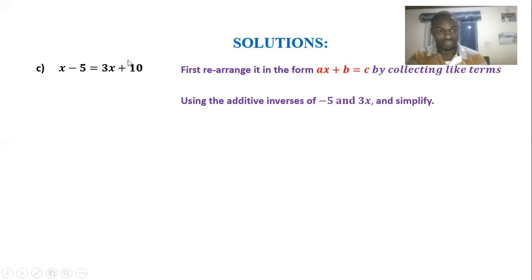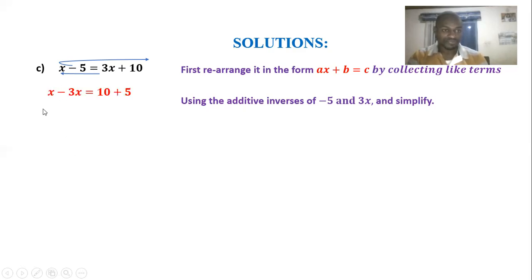These arrows will indicate the row. You see, negative 5 goes here and 3x will move over, meaning that when you add the additive inverse of 3x here, it moves across. And when you add the additive inverse of negative 5 here, it moves across because it dissolves the left-hand side.